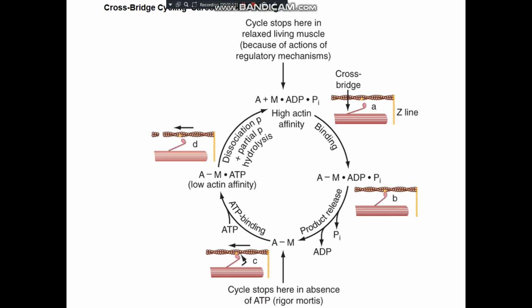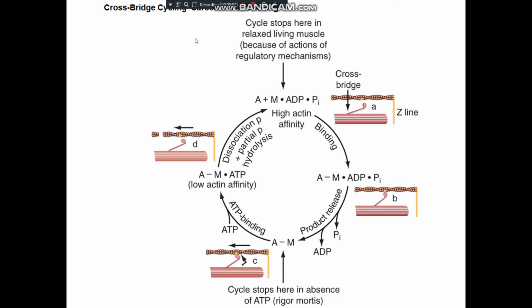So the relaxation occurs when calcium reaccumulates in the sarcoplasmic reticulum with the help of an enzyme, calcium ATPase. Now the tropomyosin covers the active sites. This is what we call the relaxation.